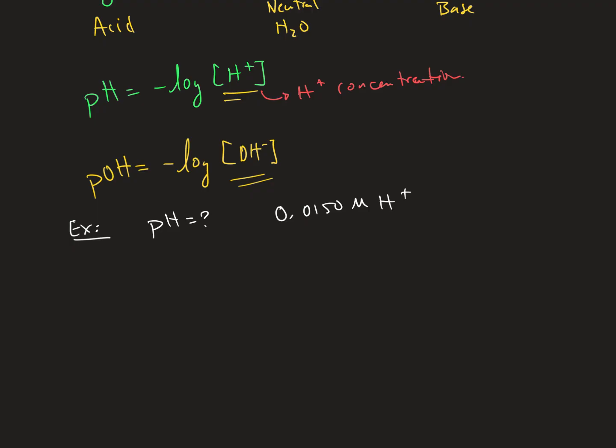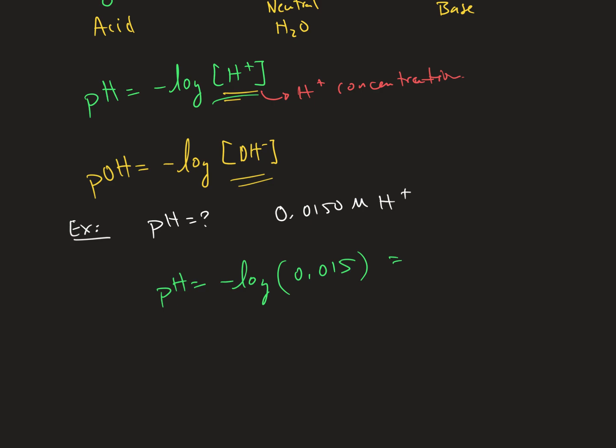Our pH is equal to negative log of our hydrogen ion concentration, which is 0.015. So you push your negative symbol, not your minus button, then log, then 0.015.